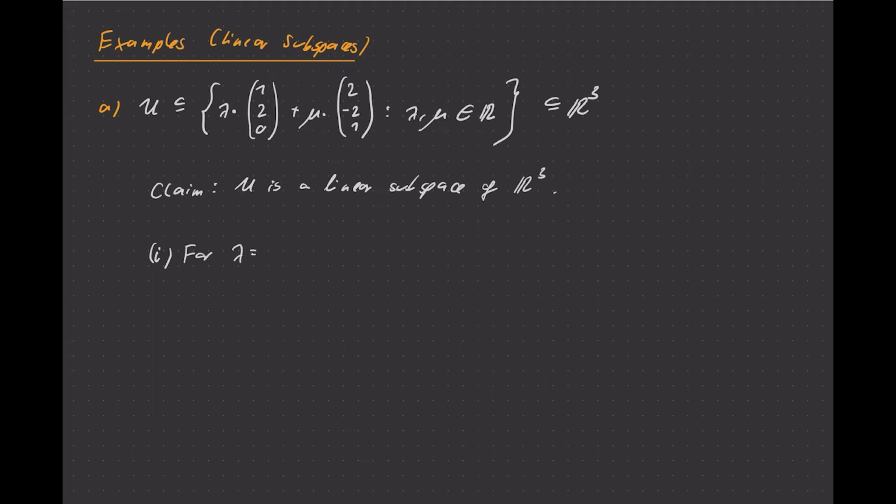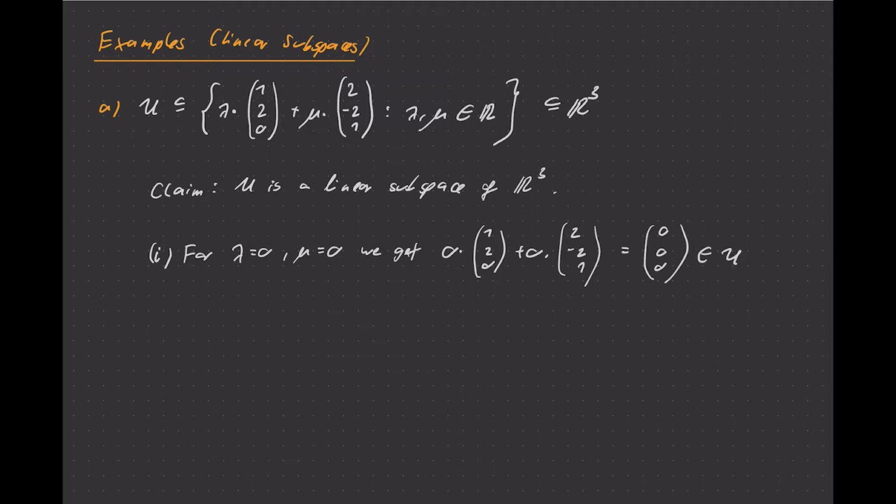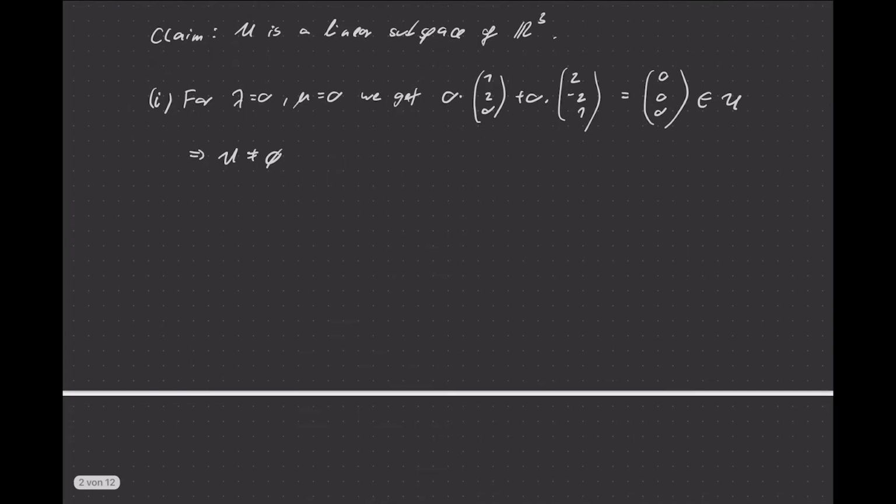For lambda equals 0 and mu equals 0, we get 0 times (1, 2, 0) plus 0 times (2, -2, 1). That, of course, yields (0, 0, 0). So that is contained in U, and in particular, that means U is not empty. It does have at least this one element. So the first check holds up.